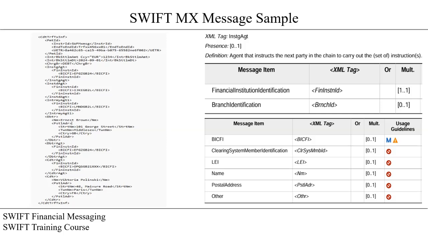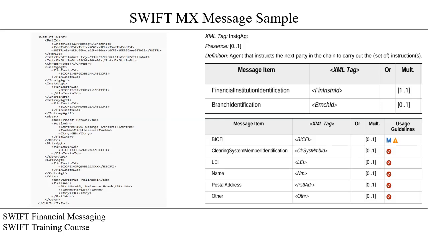This message in particular is a pacs.008 message, which is an equivalent of a customer transfer MT103 message. As you can see, as it's an XML based message, you can see the structure of the message, the opening and closing tags in XML format, and then you can see the specific fields and elements within that message.